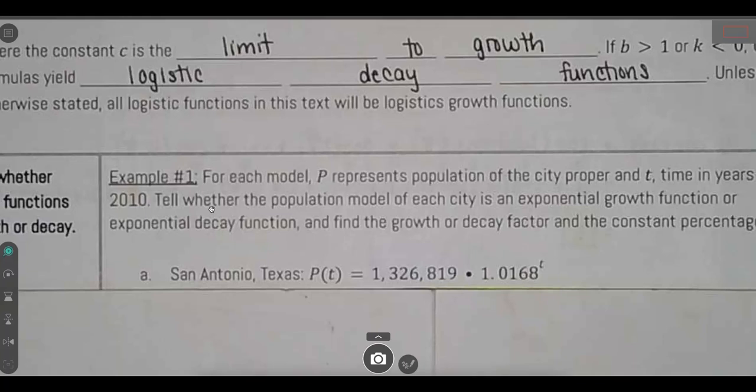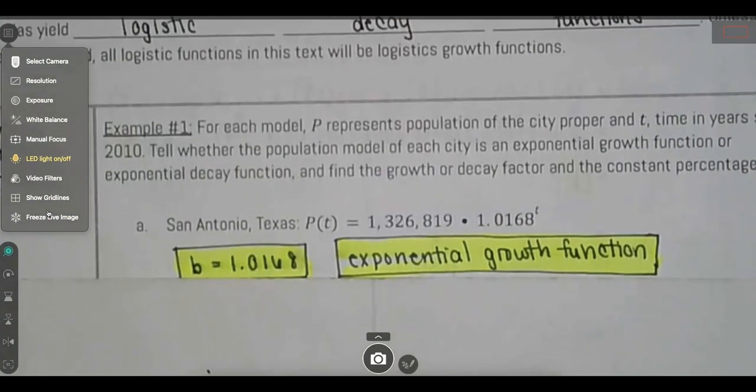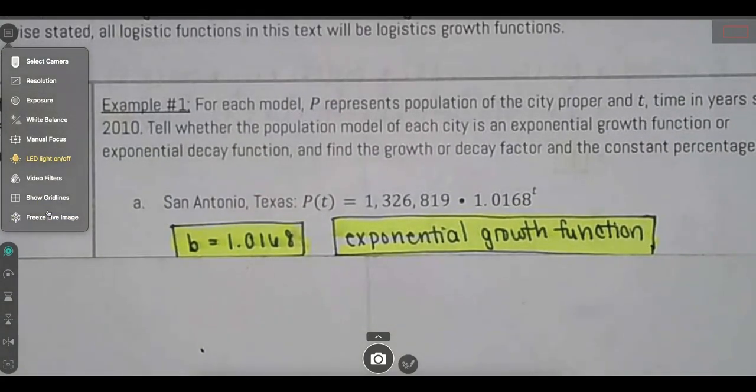So looking at the equation, what is, all right, awesome job, you guys. Okay, looking at the constant percentage rate.